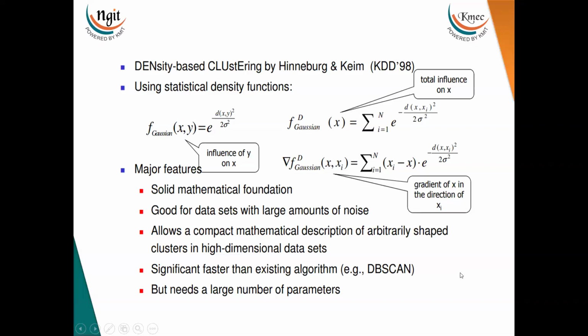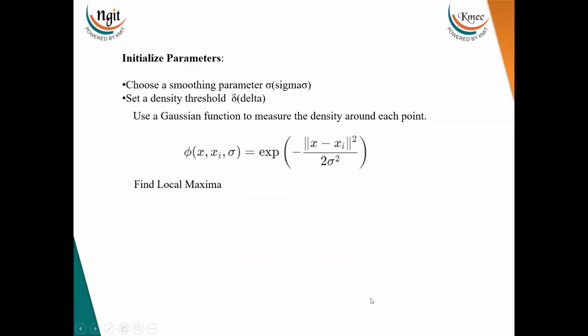When compared to other algorithms like DBSCAN and OPTICS, density based clustering is faster. The thing is, it needs a large number of parameters. So just like DBSCAN and OPTICS, here also we'll use parameters called sigma and delta.